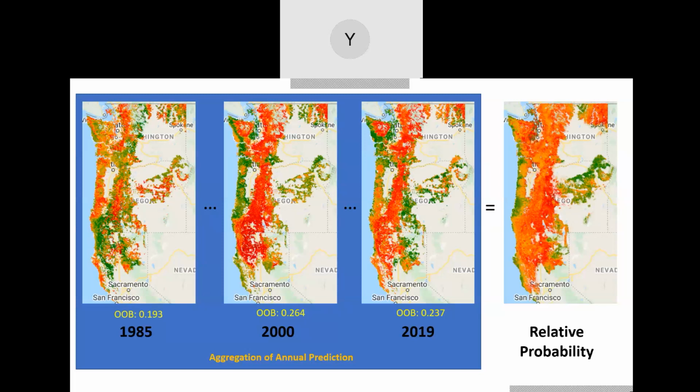I think this is reflecting the ephemeral refugia. The model for each year performs reasonably well, but over time they're not consistent. So what we are looking for is the long-term persistent refugia. When we aggregate all together, how often a pixel is mapped as a refugia, that's how we derive the right-hand side relative probability over the 35-year period. Next slide, please.